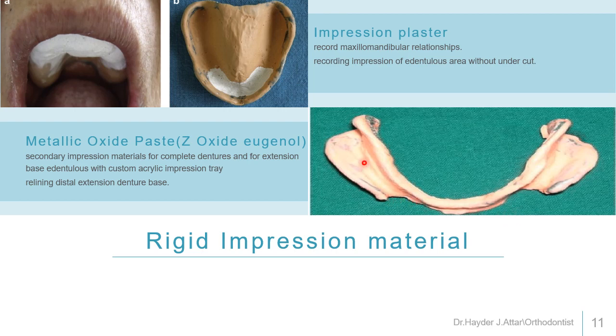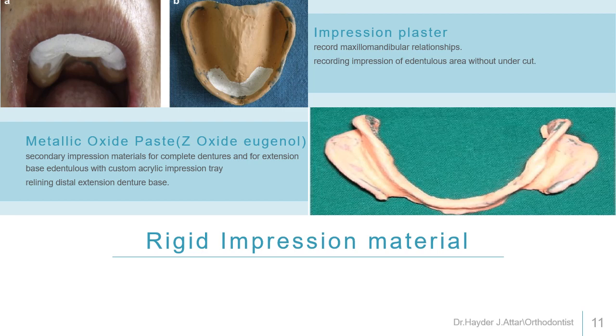So it is used for recording the free extension area of the partially edentulous patient, on a special tray or custom acrylic tray, and in addition for relining the distal extension of the partial denture.